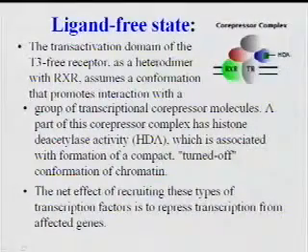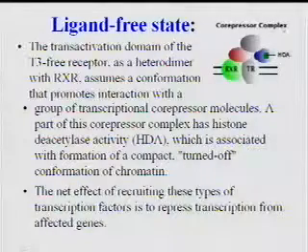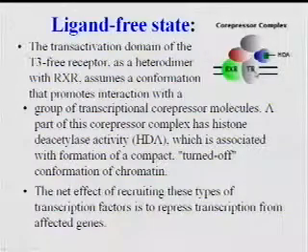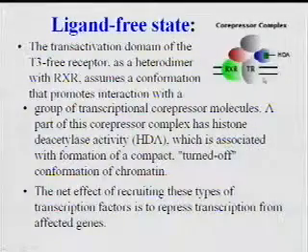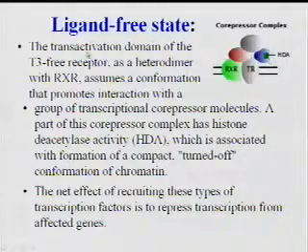Now let's consider this in detail to help understand the mechanism by which this occurs. In the ligand-free state, or the unligated state, we see the co-repressor complex shown here, the TR, thyroid hormone receptor, and the RXR receptor shown here, sitting on the DNA in the unligated form, complexed with some other molecules.